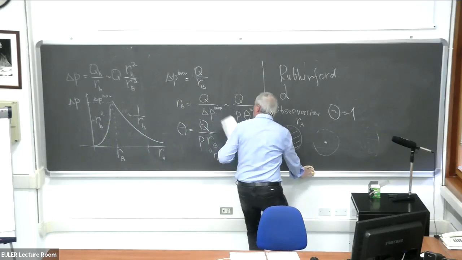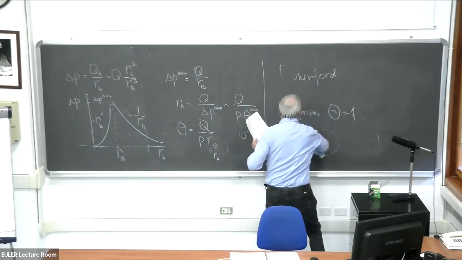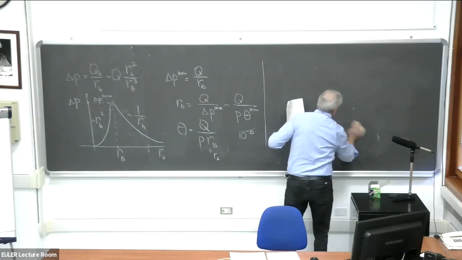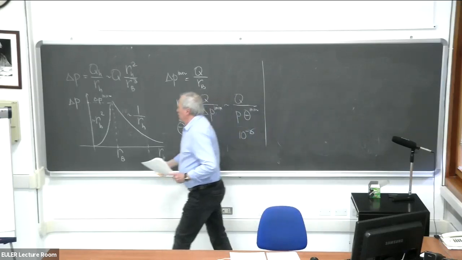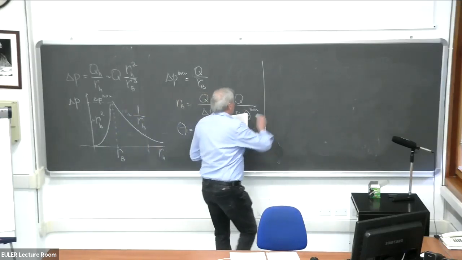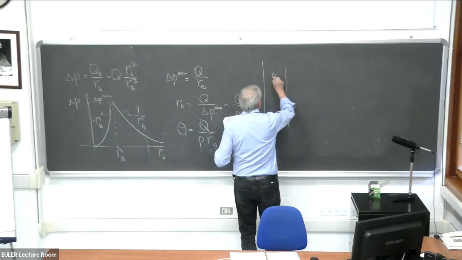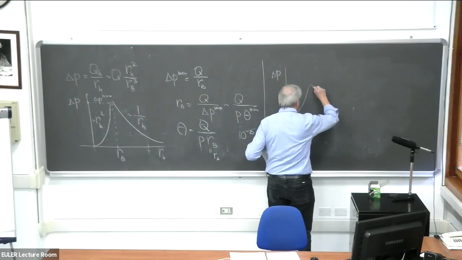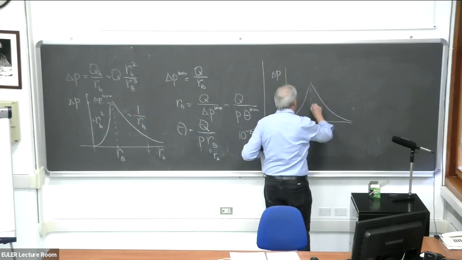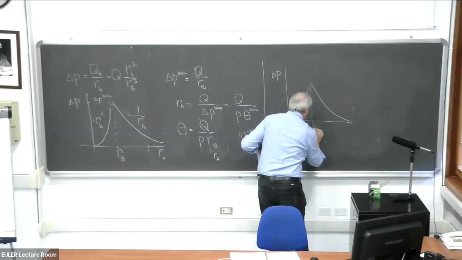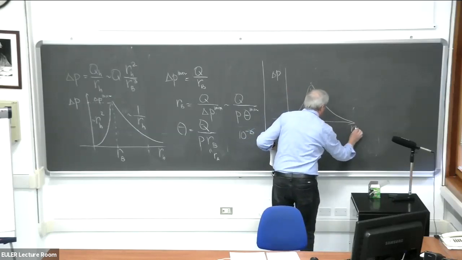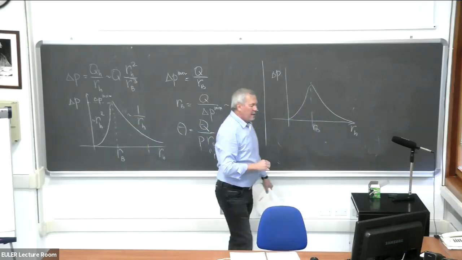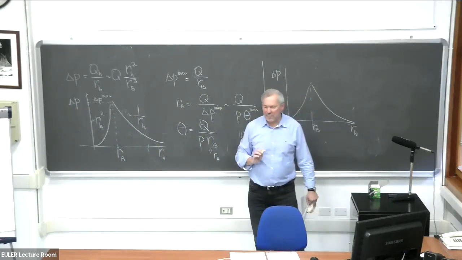Now, there is another interpretation of what we just discussed. Let me write again this dependence, delta P, and it was something like this. And suppose we consider scattering of accelerated particles on some object.